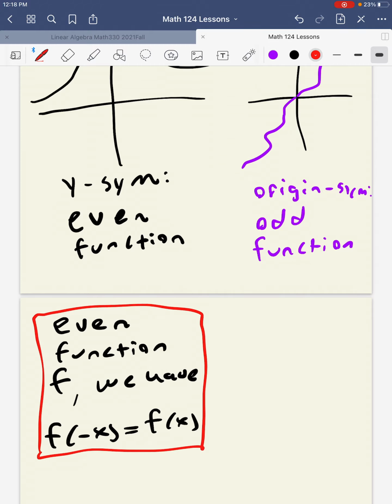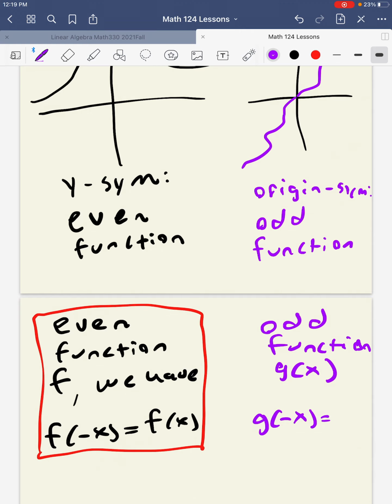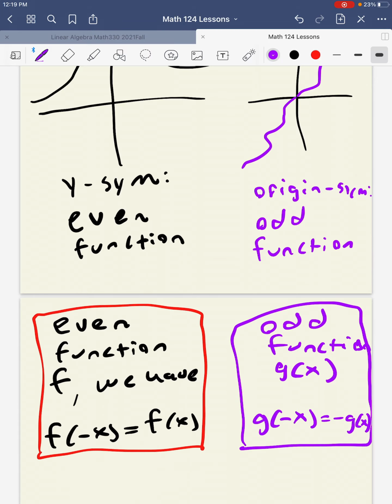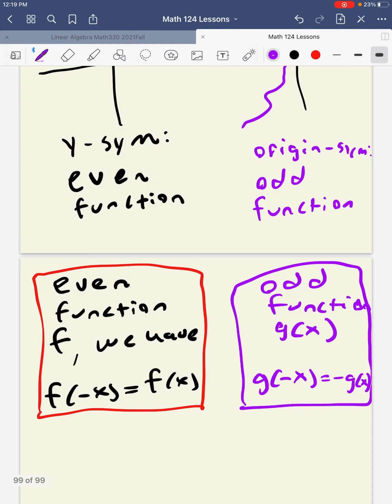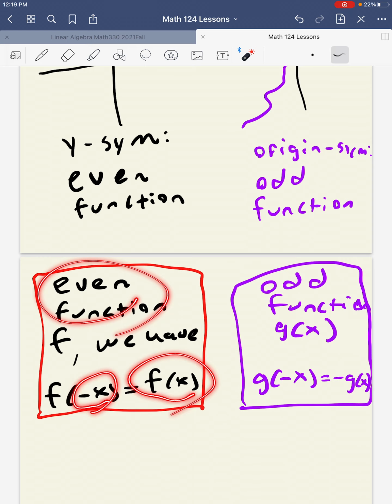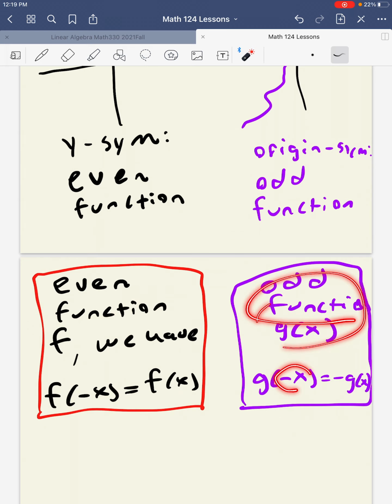We just did not use the function notation. On the other hand, an odd function has the property I just mentioned. For an odd function, say g of x, when we plug in a minus sign, the minus sign is preserved. So for an even function, the negative you plug in will cancel out. For an odd function, the negative you plug in will be preserved.